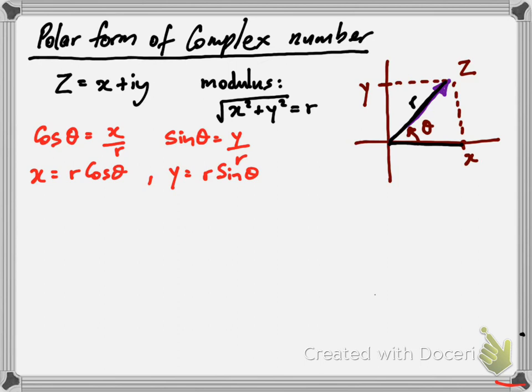Now if you substitute this in the rectangular format, which is that one, you end up with z equals r cos theta plus i r sine theta, and that's pretty much the polar form of a complex number.